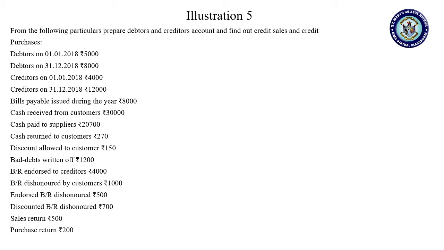Now next, bills receivable endorsed to creditor. Endorsed means transferred. Actually the bills receivable is issued by the debtor, but you are endorsing that bill. For example, A and B are two persons connected with the company. You are running XYZ company. A is your debtor, B is your creditor.